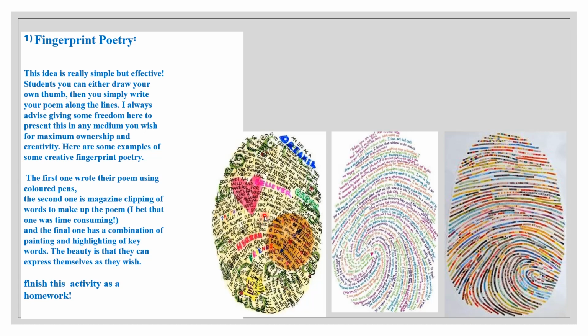And third one, what is given here? Here you can see the poem is written with different fonts. So you can express yourself through this fingerprint activity. This is the first type of activity. You can choose any type of activity from the given four.